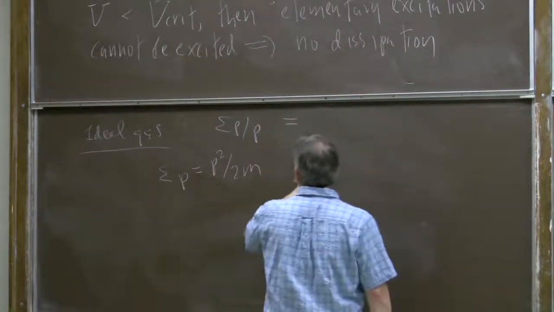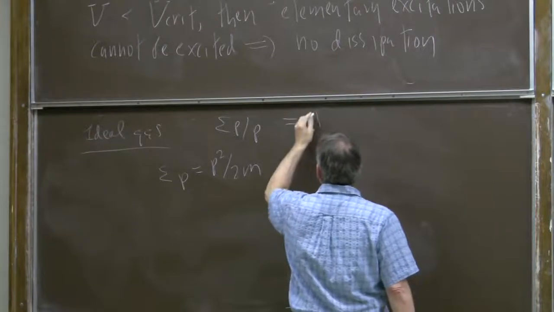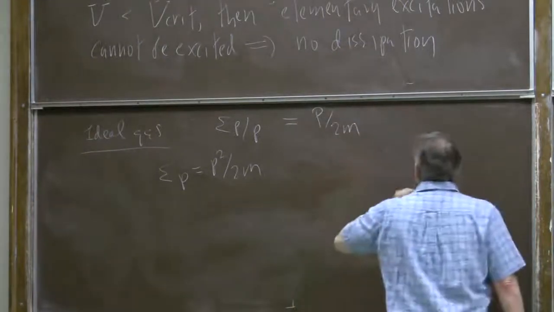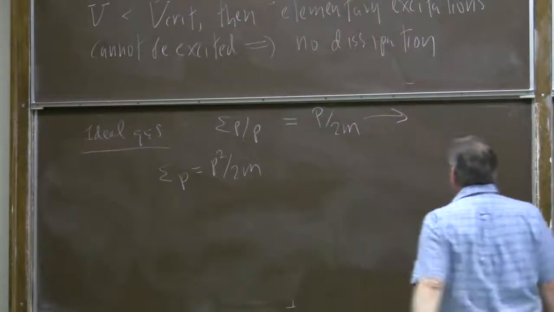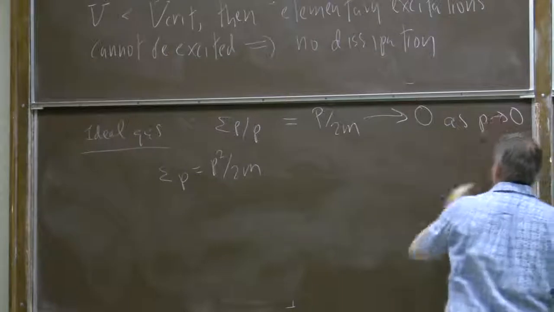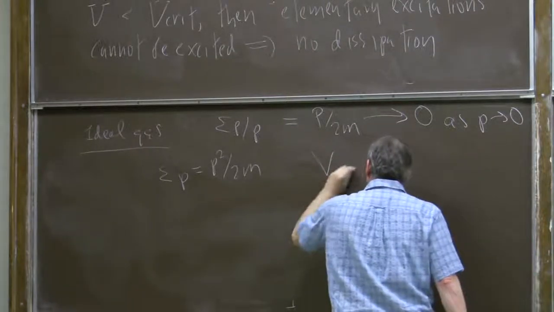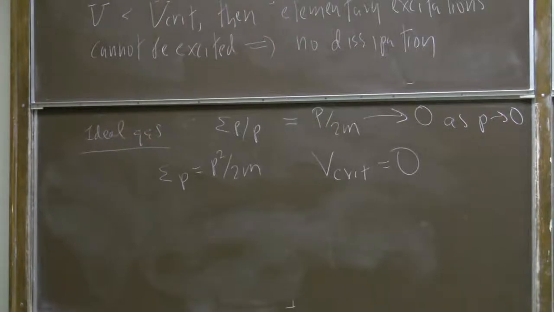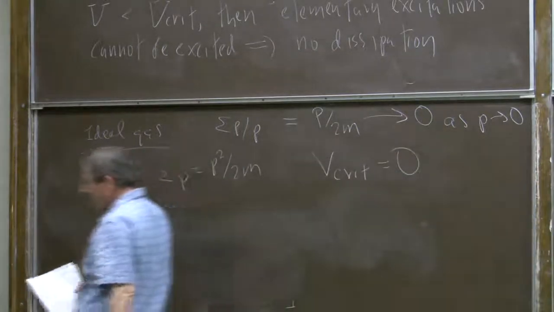So that would be p over 2m. And its minimum occurs when the momentum goes to 0. So we would conclude that the critical velocity is 0. And that would mean no superfluidity. There would be dissipation at arbitrarily low velocity. But that's not what happens in helium.